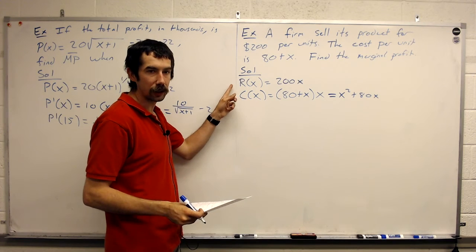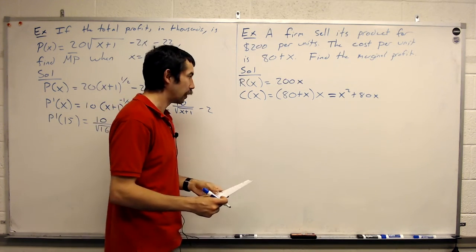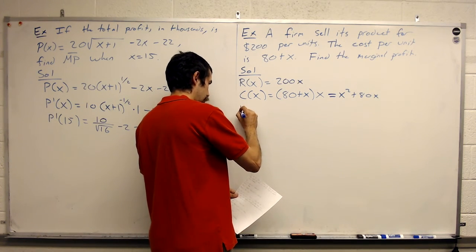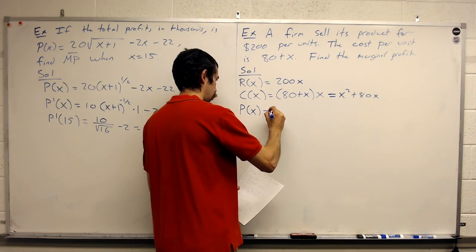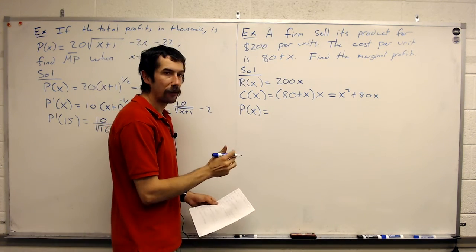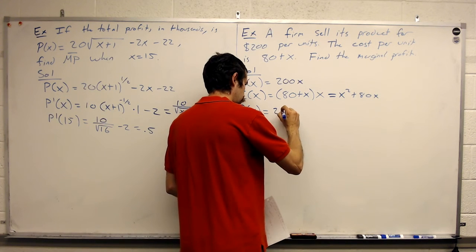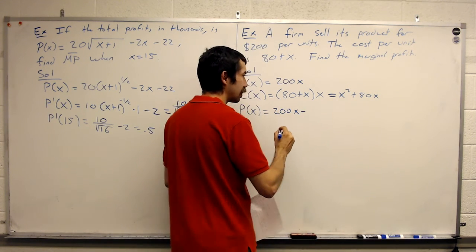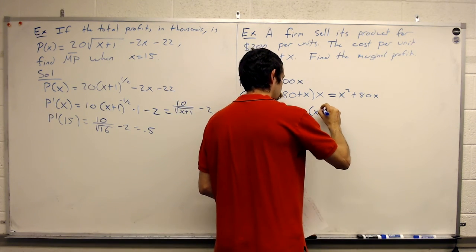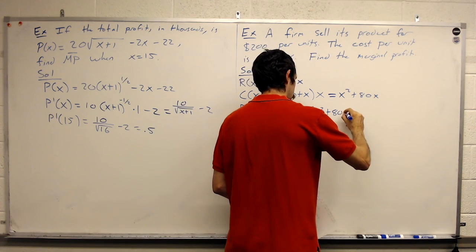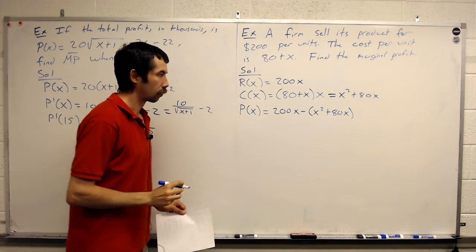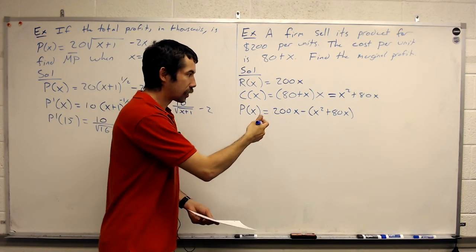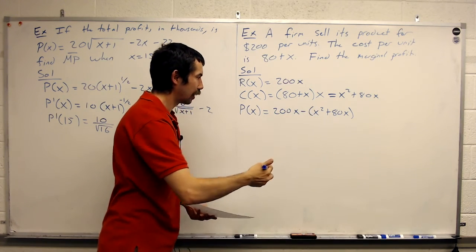So we have our revenue function, we have our cost, we could find profit. Profit is our revenue function minus our cost function. So let's distribute the minus sign and combine like terms.